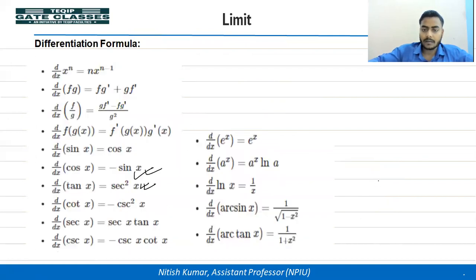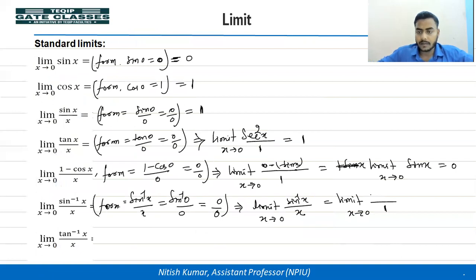Sin inverse का क्या होता है, see here sin inverse is not given. One over the square root of one minus x square. Put the value x equal to 0. What we are getting is 1.